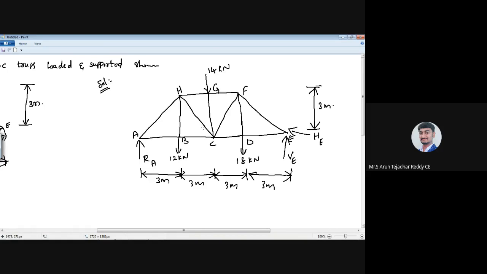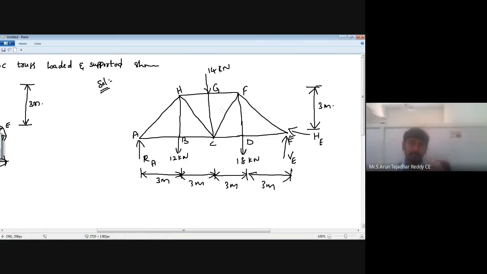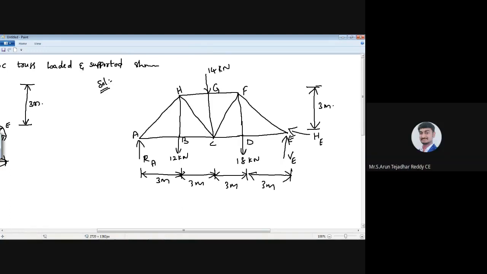Except these three, there is no inclined load, so there is no need to convert. If there is any inclined load, then we can convert it into vertical and horizontal, but here there is none, so no problem.